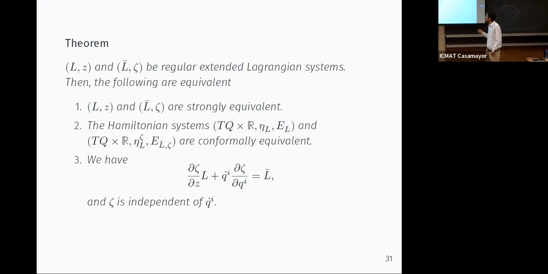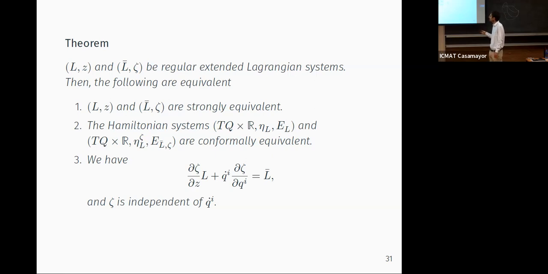But what we've been able to obtain is, I think, a quite complete characterization of equivalent Lagrangians. Basically, two Lagrangians are equivalent, they have the same dynamics, if there is a function that satisfies this relationship between the two Lagrangians L and L bar.